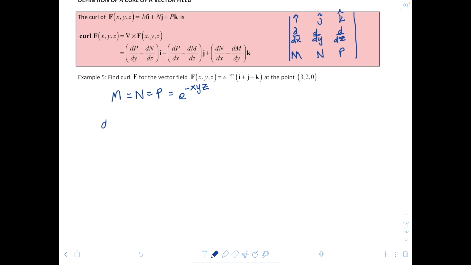So dM/dy is going to equal negative xz e to the negative xyz. dM/dz is equal to negative xy e to the negative xyz.